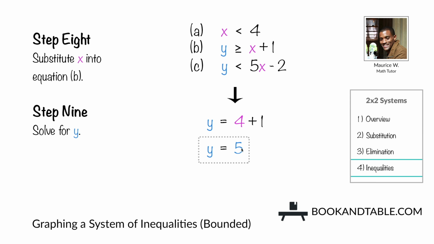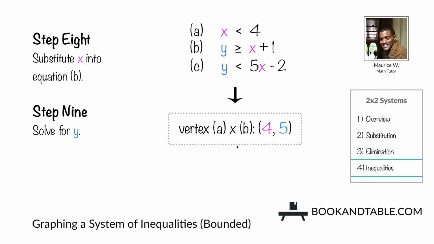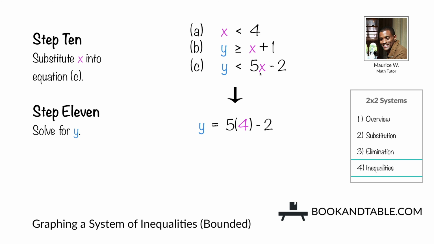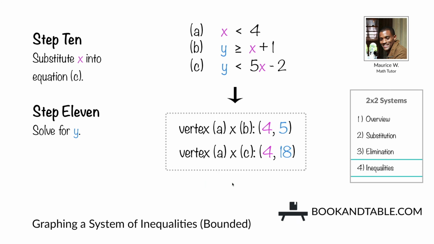So when x is 4, y is 5, so that's the vertex for A and B. Now we want to find the vertex of A and C. So since x is equal to 4, we'll substitute x into C here and then solve for y, giving us 5 times 4, which is 20. 20 minus 2 is 18. So where x is 4 and y is 18, that's where A and C cross. So now we have 2 of the vertices.